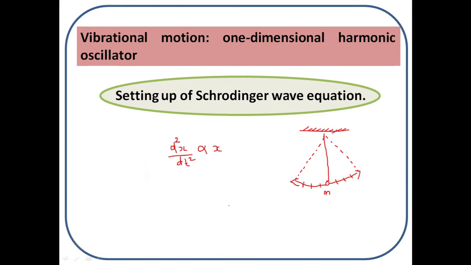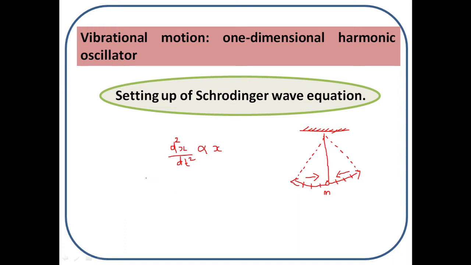So in a simple harmonic motion, the acceleration at any point is directly proportional to the displacement from the mean position and is always directed towards the mean position. So there is always a force which is directed towards the mean position, and this force is directly proportional to the displacement from the mean position.